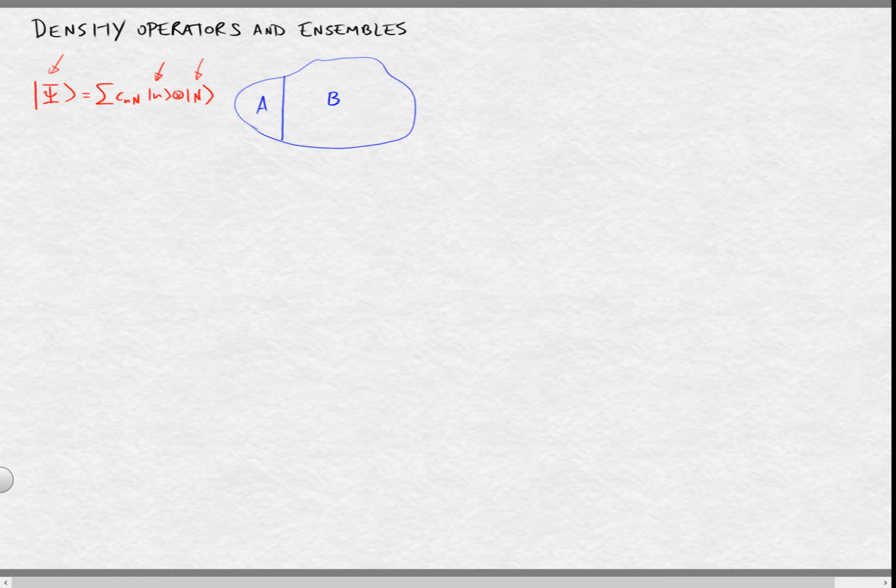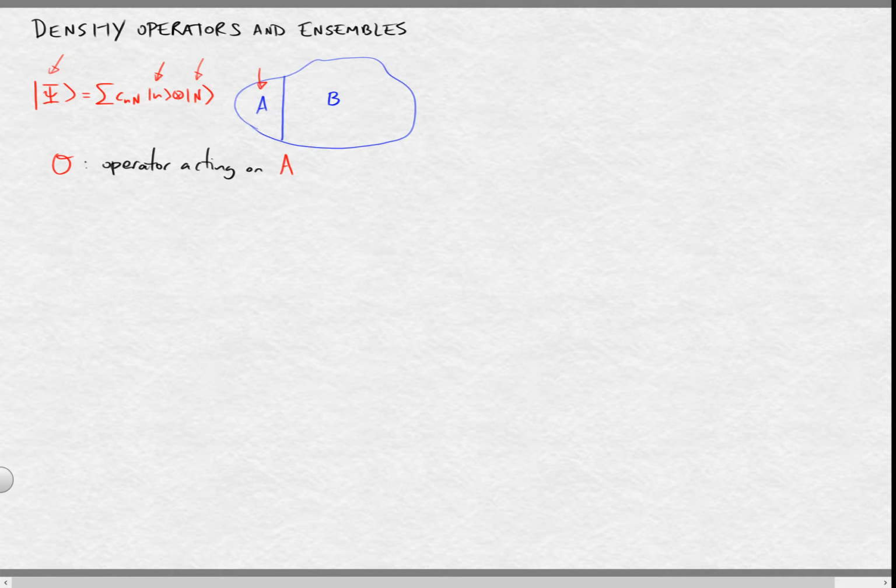Okay, and now we're interested in how we can describe just the state of A. And so what I want to do is think about any operator. So we'll let O be some operator that acts only on A. And so this could be some general physical observable that would be associated with the A subsystem.